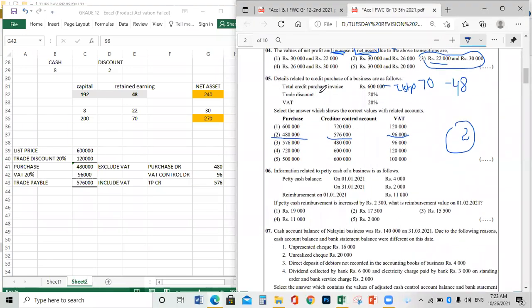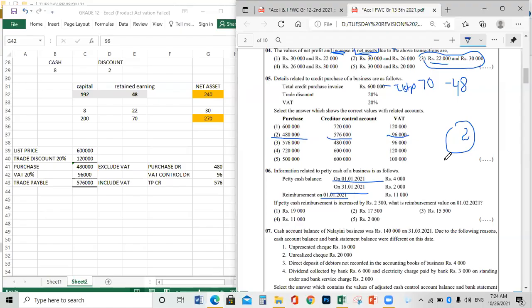Now see, information related to the petty cash of a business is as follows. So they have given you opening petty cash, closing petty cash, reimbursement. See the dates properly. 1st of January, 31st January, reimbursement is done on 1st of January. If petty cash reimbursement is increased by 2,500, what is the reimbursement value on 1st of February?